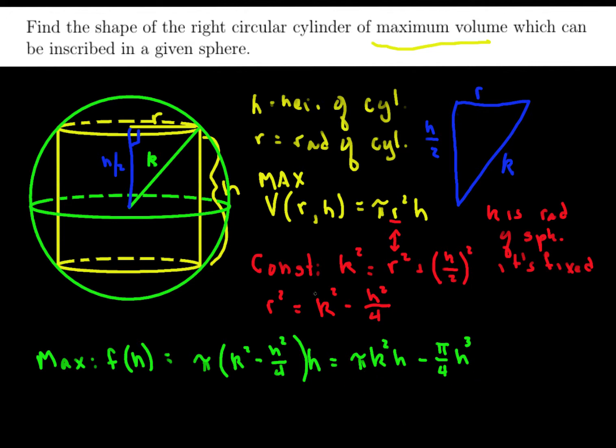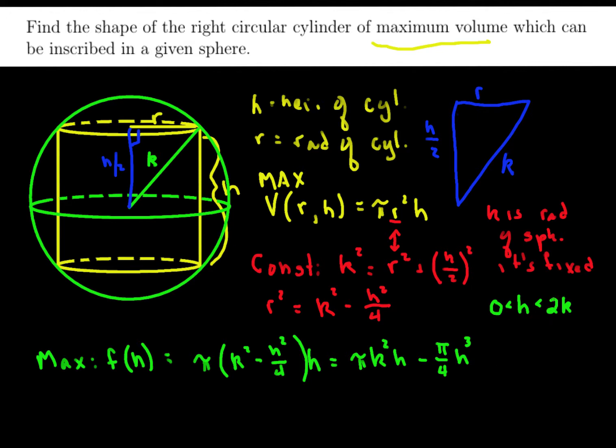What's our constraint for h? Well, h can't be any taller than twice k, and it can't be less than 0. Actually it can't be equal to 0, because then we'd have no volume, and it can't be equal to 2k because, again, if it was 2k, then I'd have no radius.